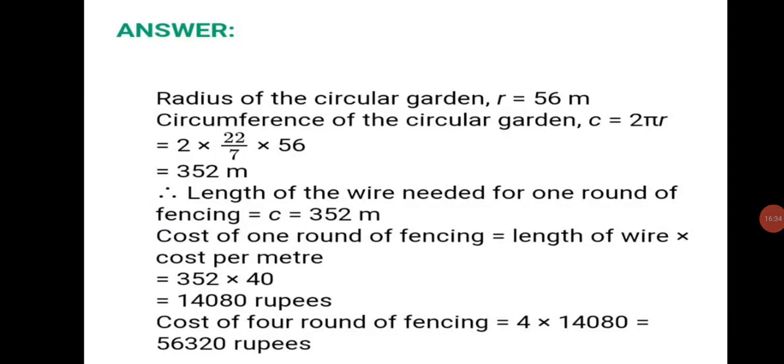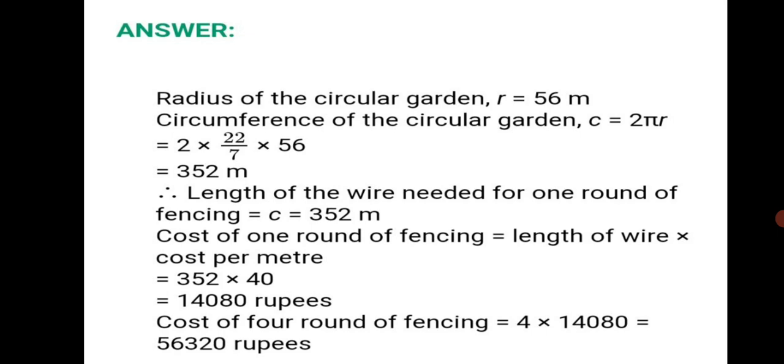So what we did in this sum? We had radius, we found circumference. Once we found circumference, we knew that that was one round. So cost per meter is 40 rupees. So we multiplied that length of one round of fencing by 40. So we got how much would be the cost for one round of fencing.